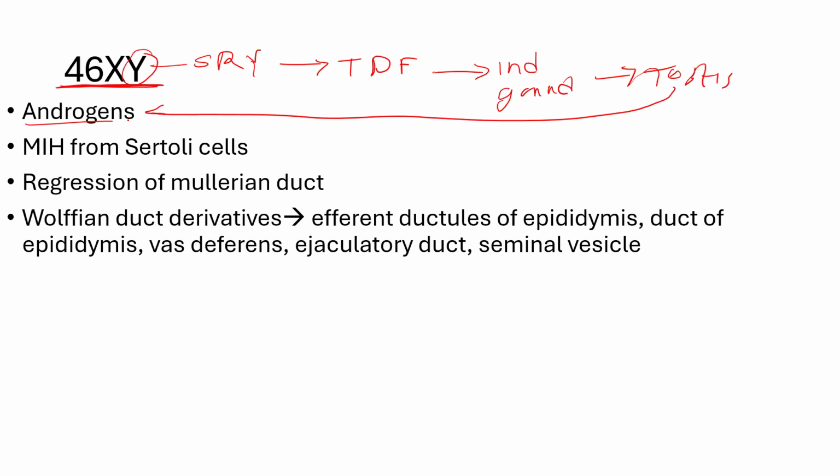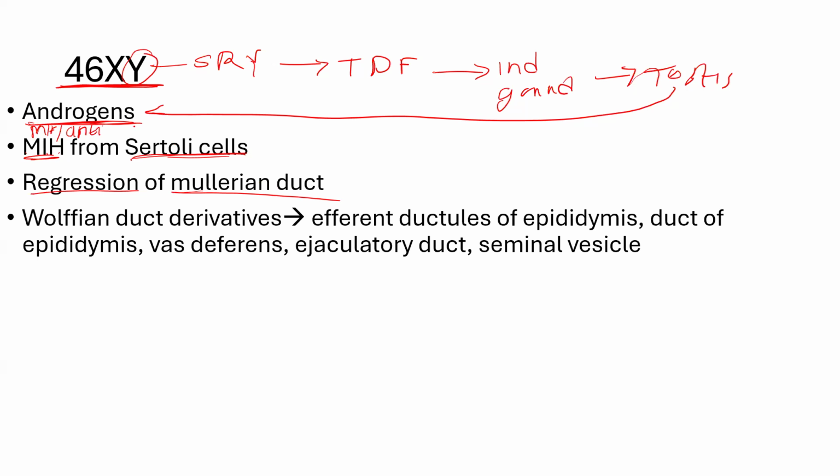And then the androgens, together with the Sertoli cells, produce a substance known as MIH. I'm sure you've heard of MIH, Muradian inhibiting hormone. Other texts will tell you MIF, Muradian inhibiting factor. Others will name it anti-Muradian hormone. Same thing. So this Sertoli factor, the Muradian inhibiting factor or hormone, causes regression of the Muradian duct.